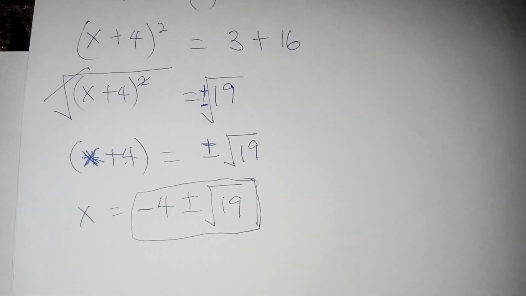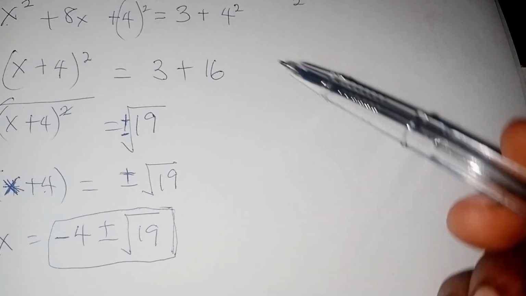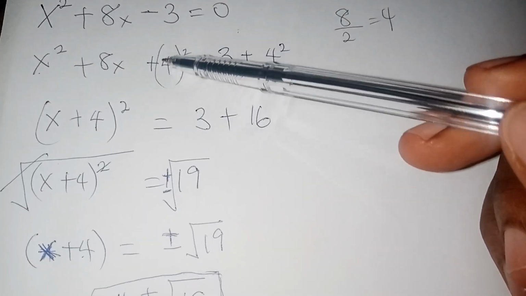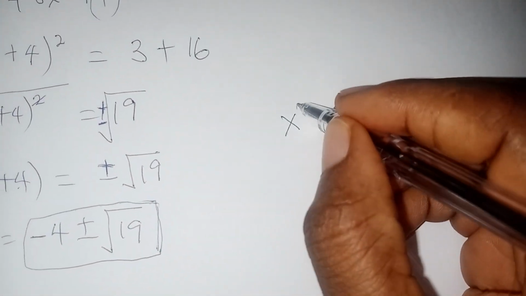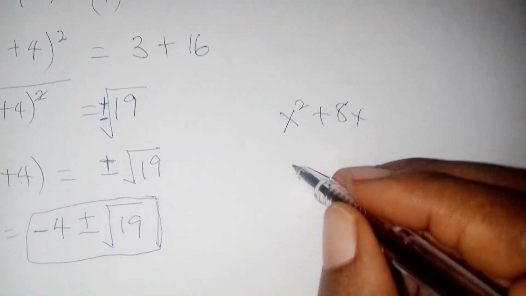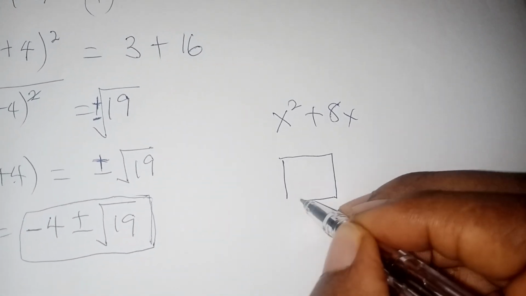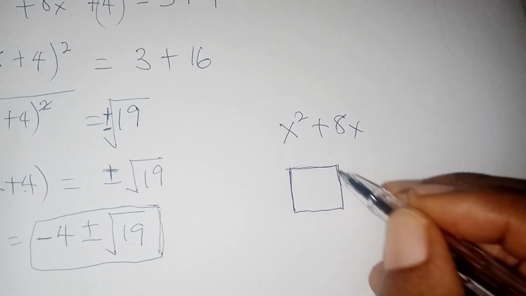So now let's explain why we had to add this 16 here. You know, x squared plus 8x, that's the question given to us. x squared here means a square having all its sides equal, isn't that so?